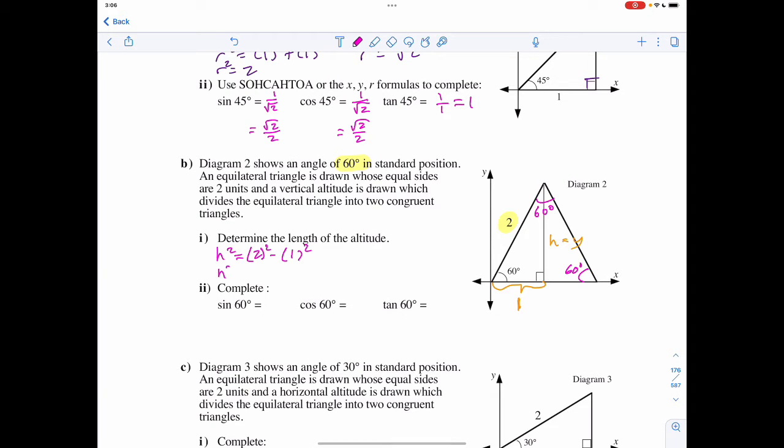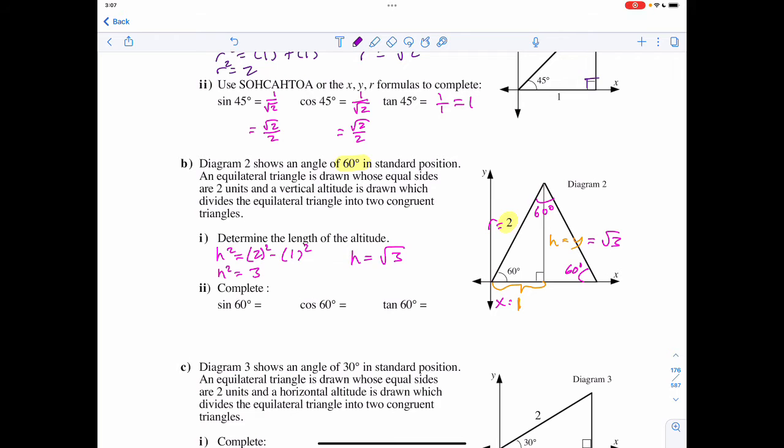So my height squared is going to equal 4 minus 1, or 3. My height is just going to be the square root of 3. So now I have an r value of 2, an x value of 1, and a y value of root 3.